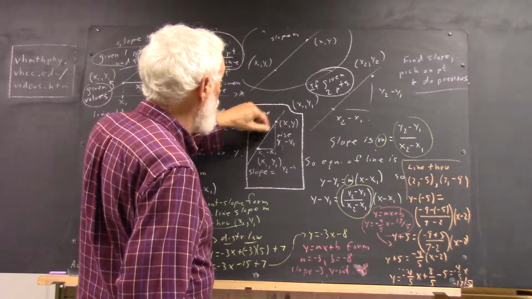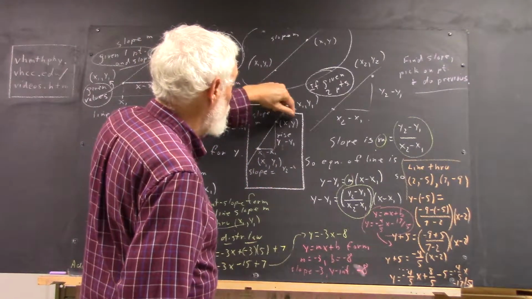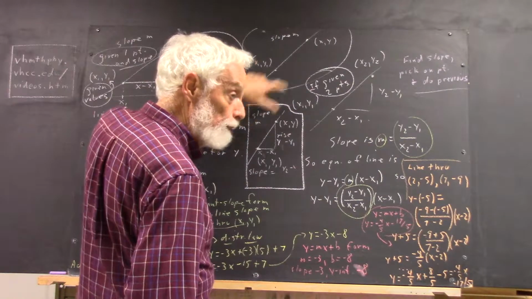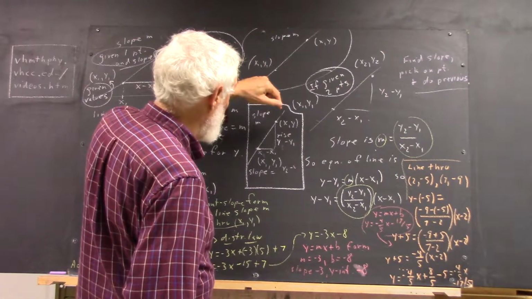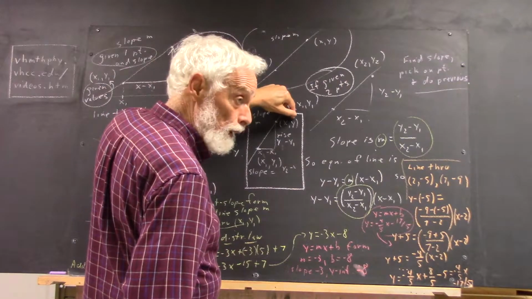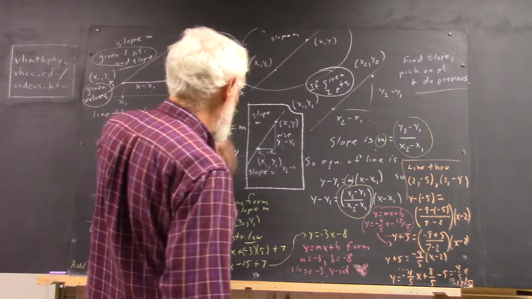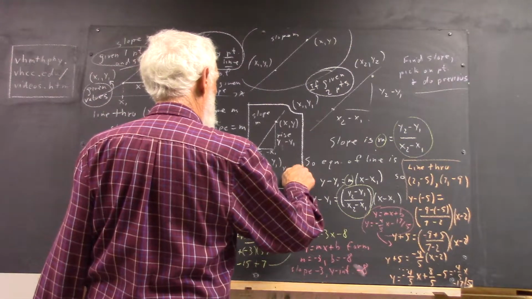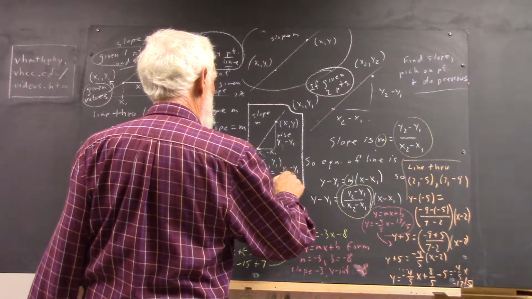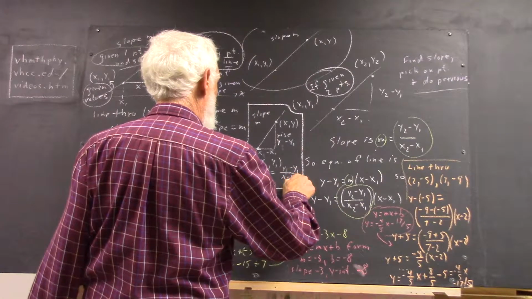This point could be anywhere on the line. So this xy stands for an infinite number of points, and it's a relationship that can be used to relate the x and y values for any of those infinite number of points. So the slope is going to be y minus y1 divided by x minus x1.